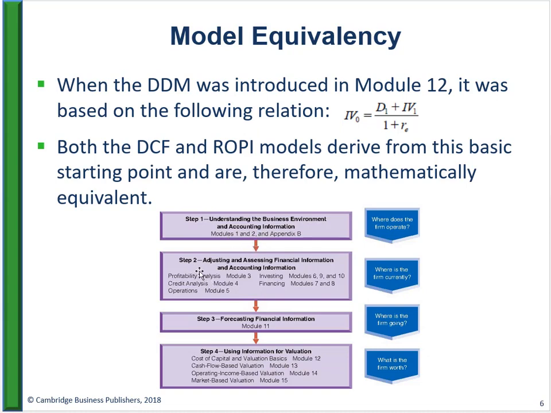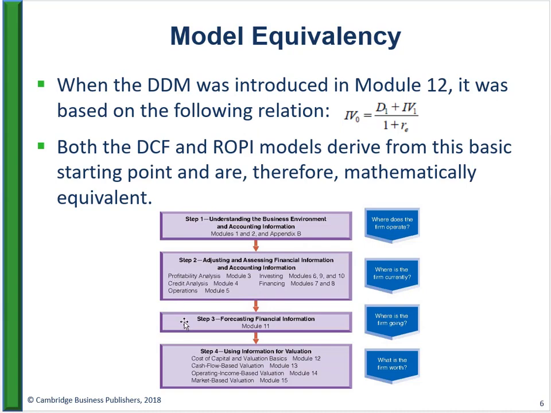Step 2 is to adjust and assess the financial information and accounting information. And that was modules 3, 4, 5, 6, 7, 8, 9, and 10. So this is the meat of the semester right here. This is what we did most of the semester, to understand the accounting and to make the necessary adjustments if relevant.